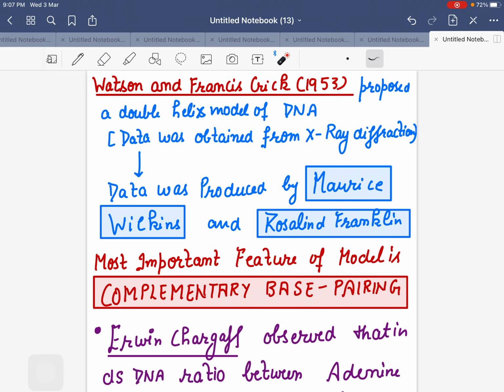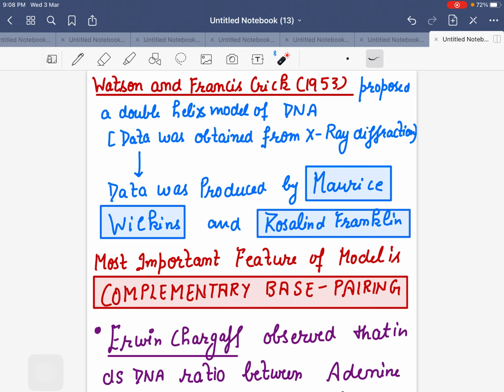They use the data. ये लाइन हम मिस कर देते हैं एनसीईआरटी में. Open your NCERT and mark this line. They obtained the data, they used the data which was obtained from X-ray diffraction, and this data was produced by Maurice Wilkins and Franklin. This is your NEET question also, बच्चा.